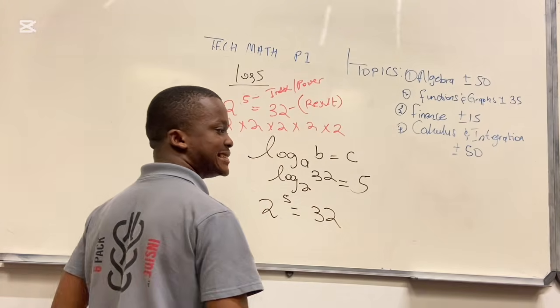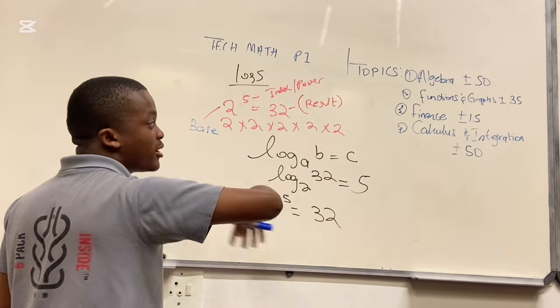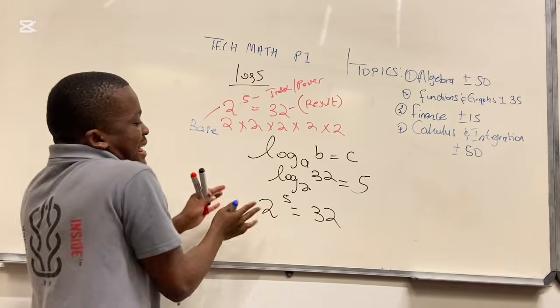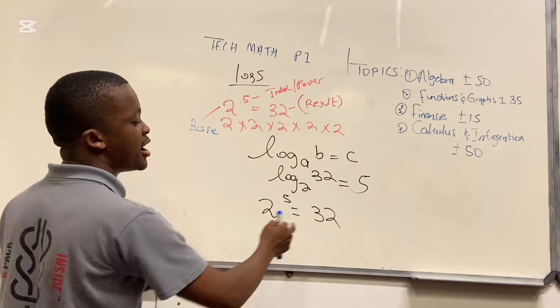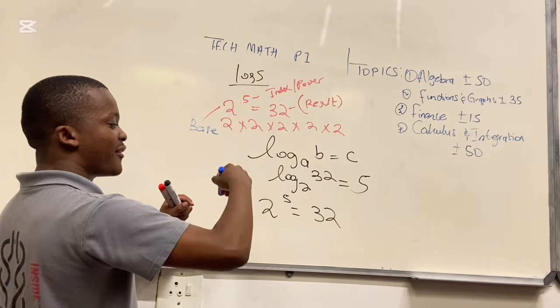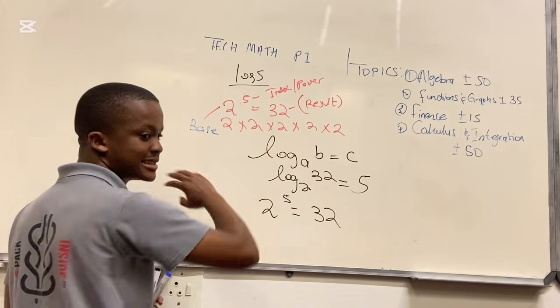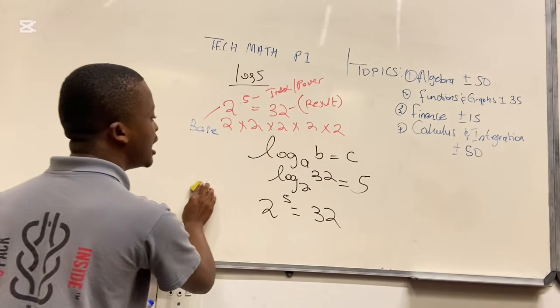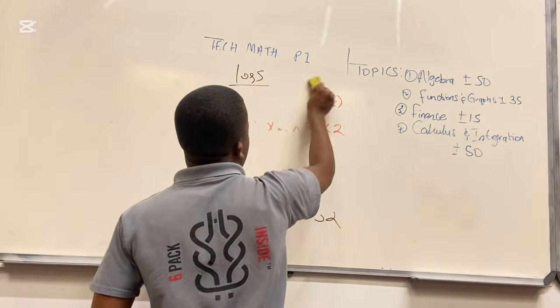That's the log form representation. So it's very, very important to understand what this log means. You have to understand this, guys. Now let's go to the main properties in our logs.